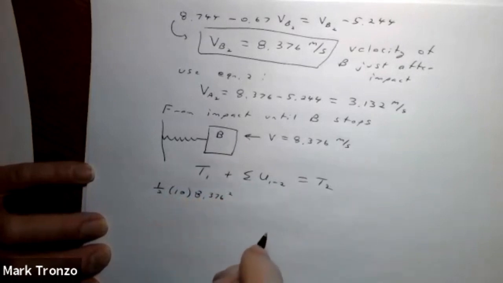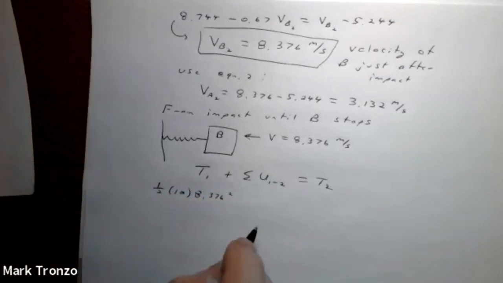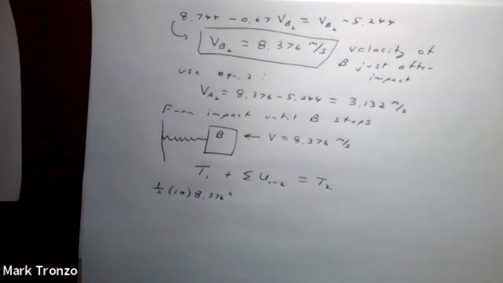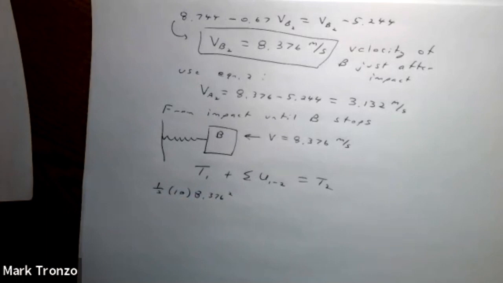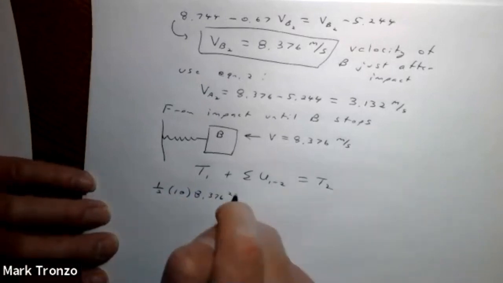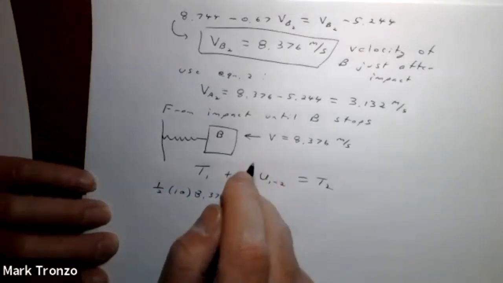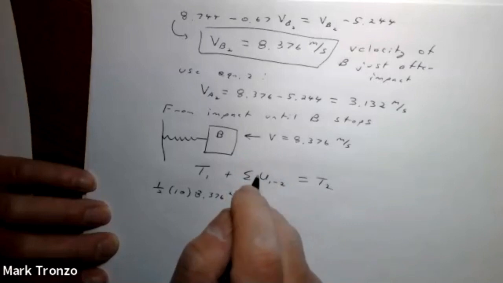And then we can assume that there's no friction. I think when I did this, in order to match the answer in the back, I had to assume no friction. Yeah, so assume no friction. And so the only force is going to be the spring force.